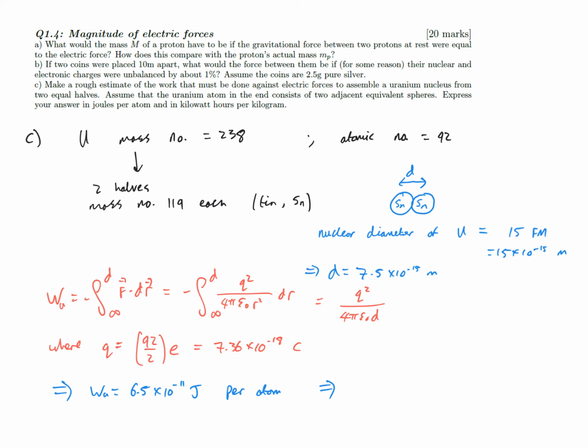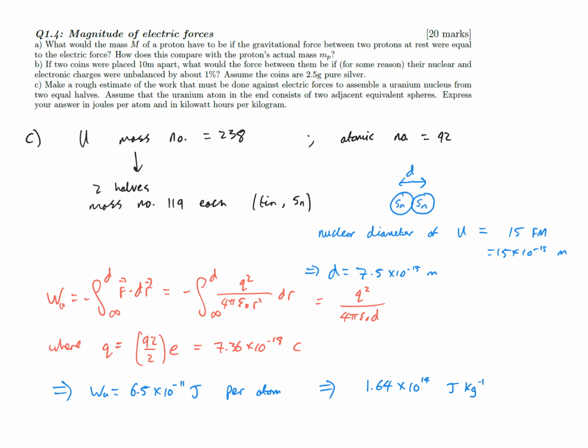And if you want to know what the energy content is per kilogram, then we can convert that into joules per kilogram. And we find that this is 1.64 times 10 to the 14 joules per kilogram.